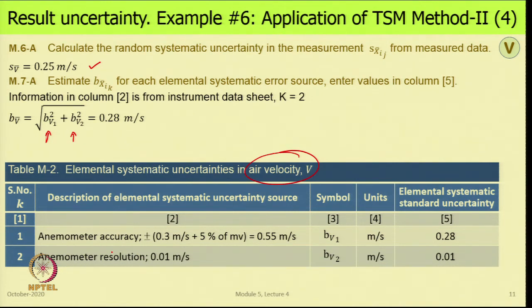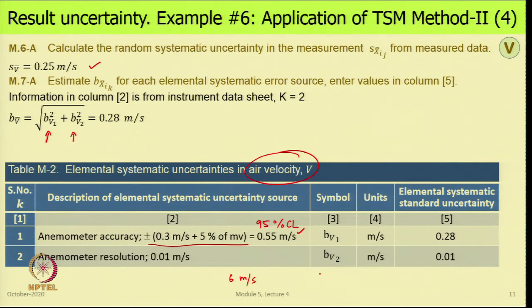One is anemometer accuracy, which in one case is specified as 0.3 meters per second plus 5% of measured value. So, measured value is nothing but what we have been given, that is 6 meters per second. So, measured value is 6 meters per second, multiply that by 0.05, add 0.3 to it and that is the value we get. So, this is the accuracy and divide this by 2, we get 0.28. Again we are operating at 95% confidence level.